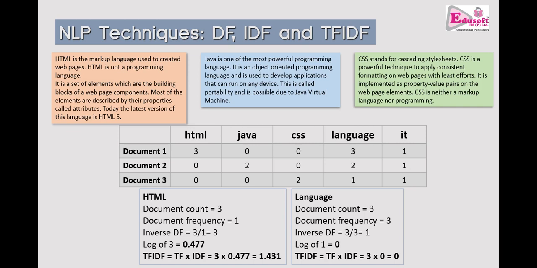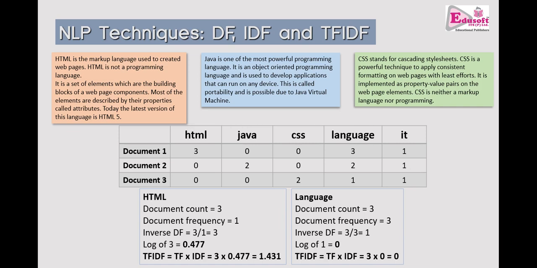So for HTML, the inverse document frequency for document 1 is the number of documents, 3, divided by the term frequency of HTML in document 1, that is 1. That gives me 3.